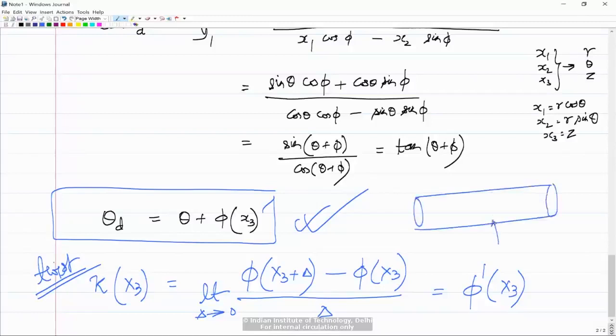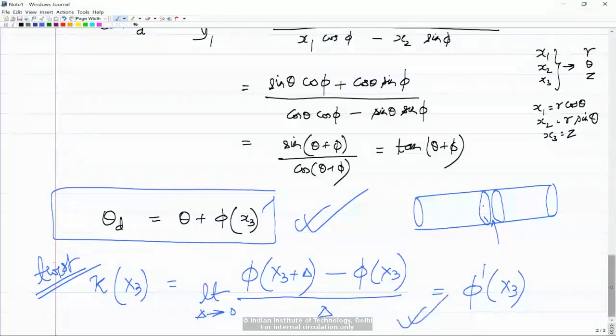If you want to know the twist at this point, think of two neighboring cross sections at this point, and find the end-to-end rotation between these two cross sections. Divide by the length between the two cross sections, and bring the two cross sections close to each other by taking this delta going to 0. So that is what we have done here.